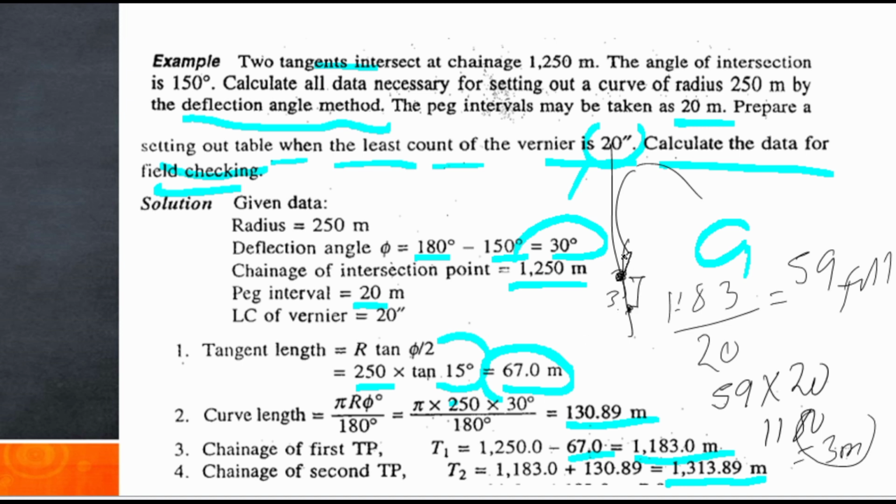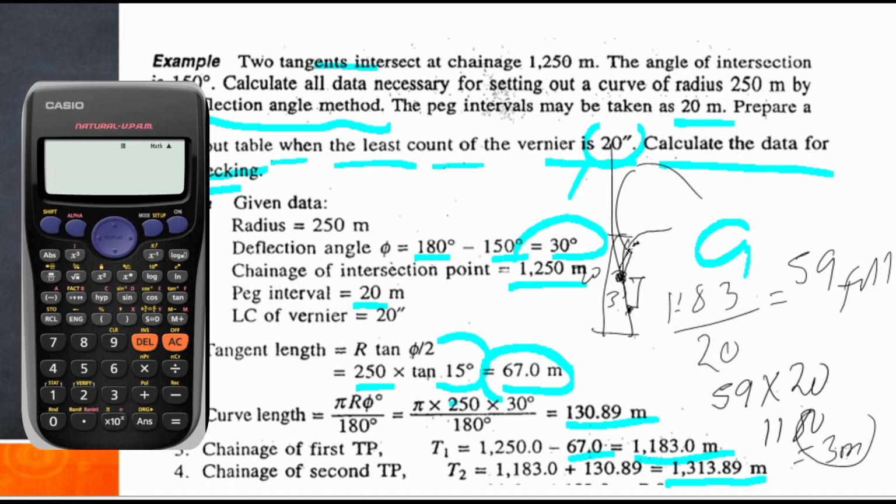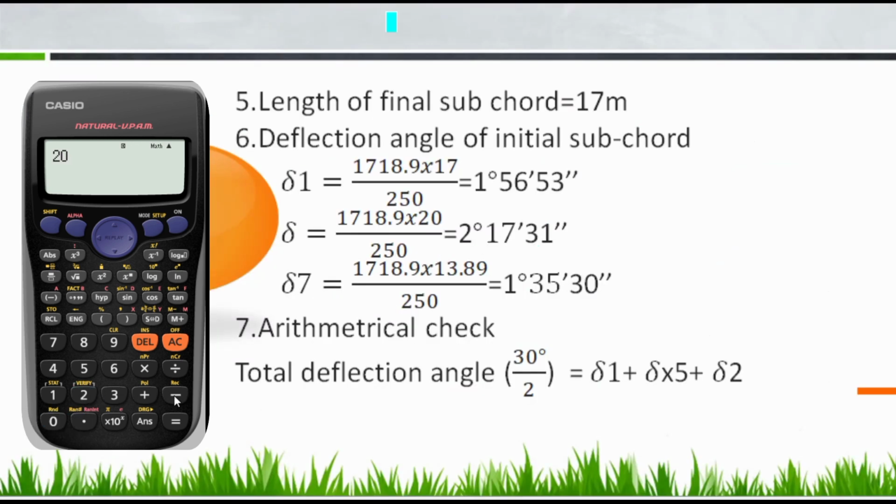That means when you enter the curve, our full chord was 20 meters. So 20 minus 3, we get the remaining distance that was covered from T1 to the point where we have, and that distance gives us the first subchord as 17 meters. Then all our other subchords will be 20 meters.